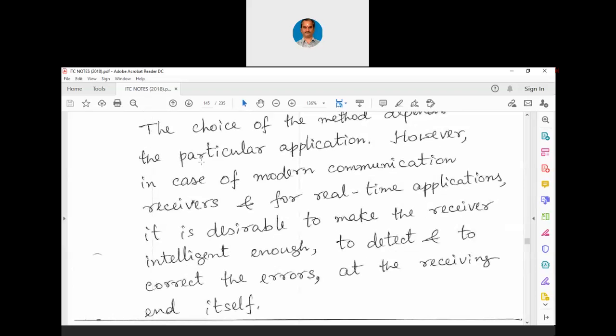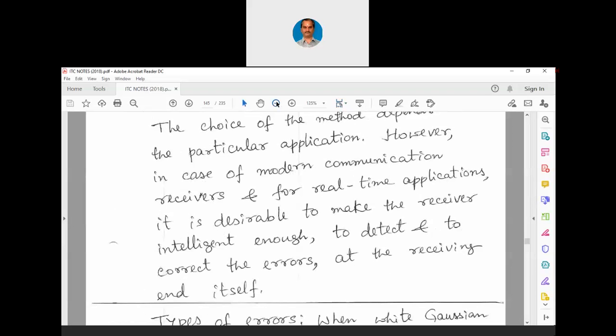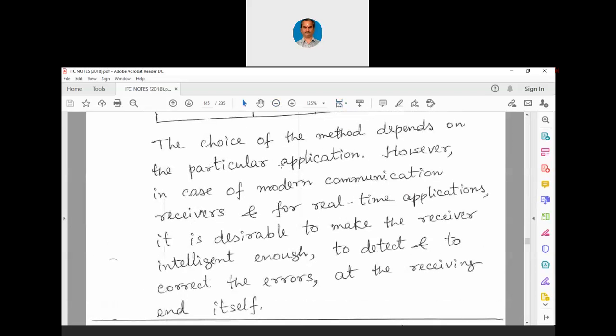Of course, the choice of the method depends on the particular application. However, in case of modern communication receivers and for real-time applications, it is desirable to make the receiver intelligent enough to detect and to correct the errors at the receiving end itself. Now, look at this. Let me annotate.